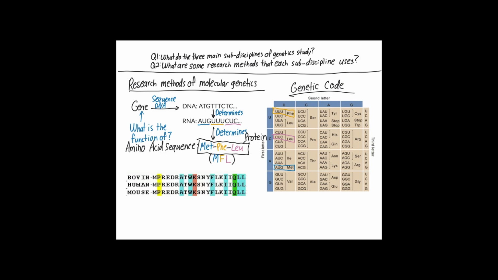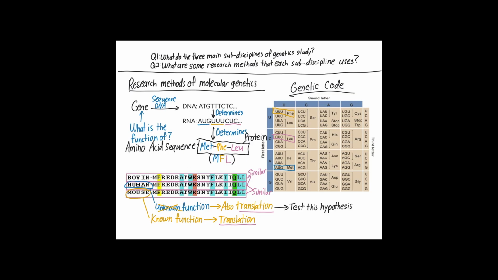If we align the amino acid sequence of the protein that our gene encodes with the amino acid sequences of other proteins, we can see which ones have a very similar amino acid sequence to ours. And if they do, we can guess that our protein probably has a very similar function, and design experiments to test that hypothesis. There are plenty of other techniques out there for studying gene function, and we'll talk about a few of them in the next video on model organisms.